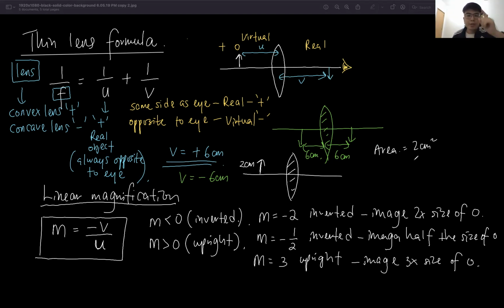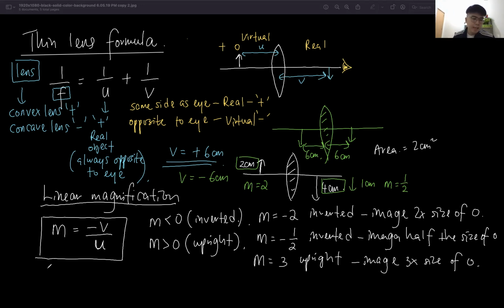Whatever image you get, let's say 4 cm, we only compare 1 dimension, the height. So if you compare the height, this is 4 cm, this is 2 cm, how many times? 2 times greater. So the magnification is 2. If the image is 1 cm, then the magnification is 1/2. Only the height.